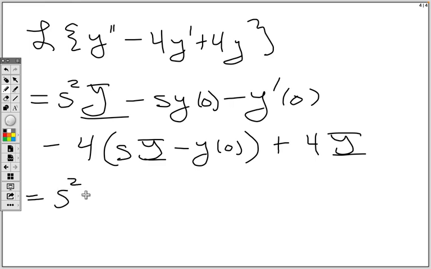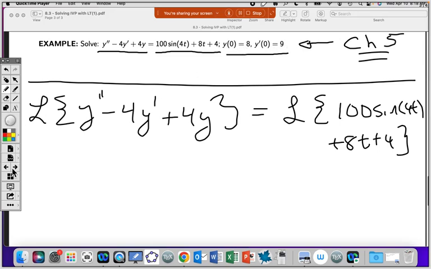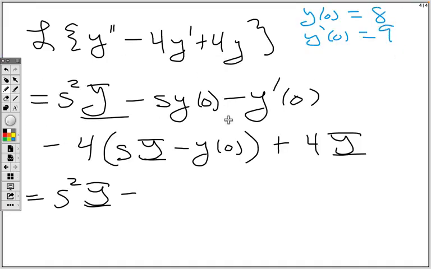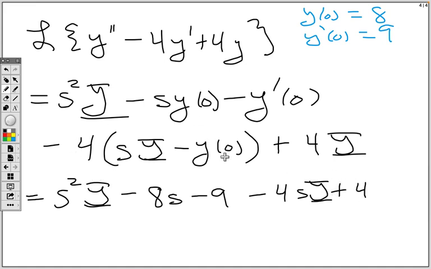So we're getting s squared Laplace of y minus s times y at 0. So I'm going to just put this up here for y at 0 is 8, y prime at 0 is 9. So it would be minus 8s minus 9 minus 4s Laplace of y plus 4 times y at 0 plus 4y.